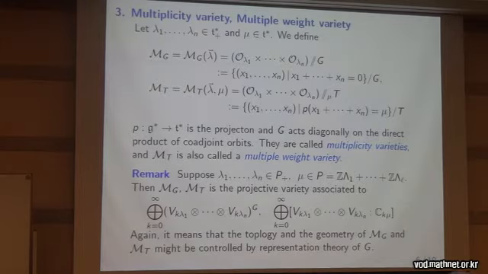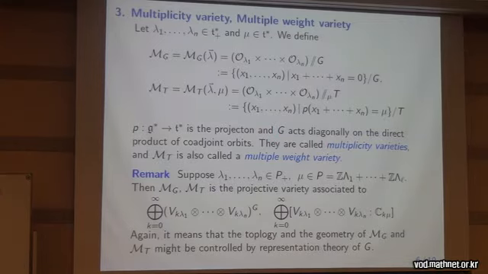So both are called multiplicity varieties, for a reason I will explain later. And especially Mt is also called a multiple weight variety. This is the space I consider in this talk.